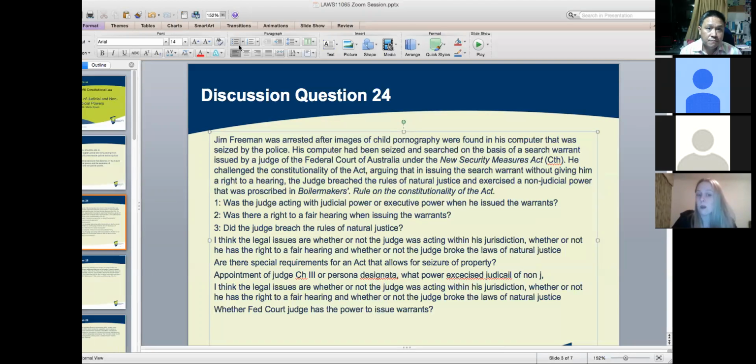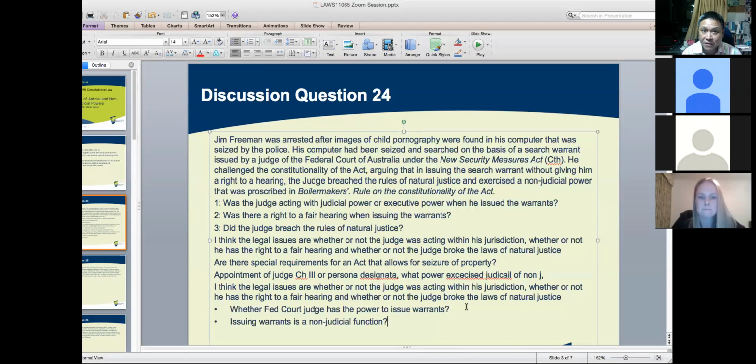Okay, go ahead. Issuing warrants is a non-judicial power. Hold on. So federal courts may only exercise judicial power under Australia's doctrine of separation of powers. We're still in the process of identifying the legal issues. Don't state the rules. Okay, well, just for clarity, is that the legal issue? There was a third one.